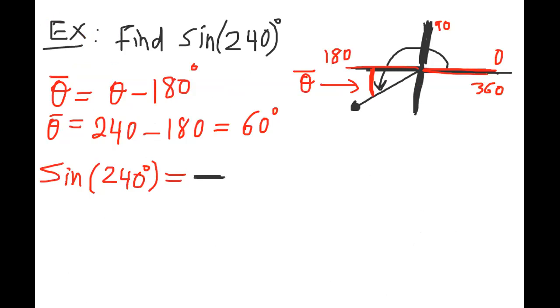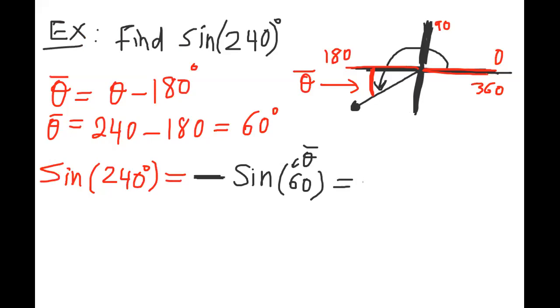So sine 240 equals negative sine of the reference angle. What is the reference angle? It's 60. And this is equal to minus sine 60. What is the sine of 60 from the table?